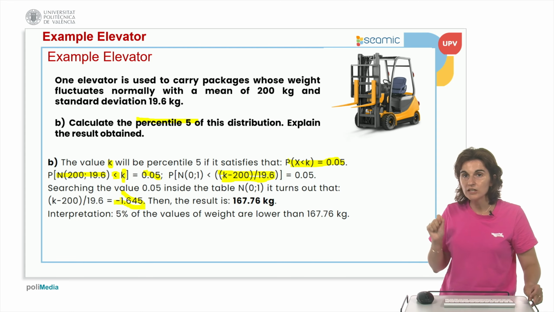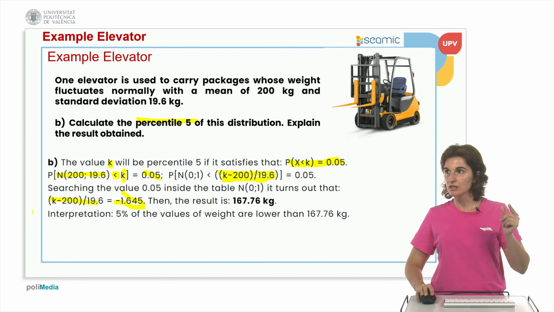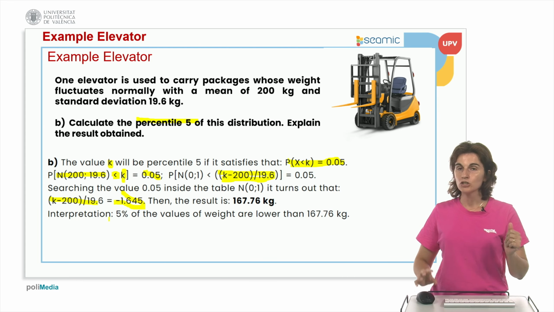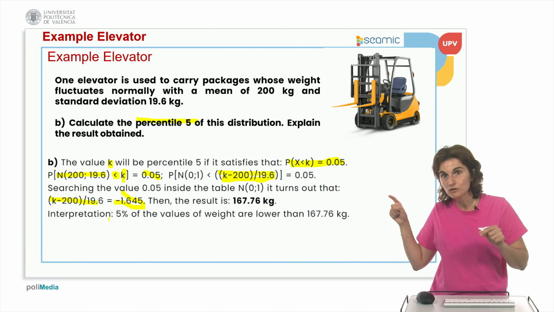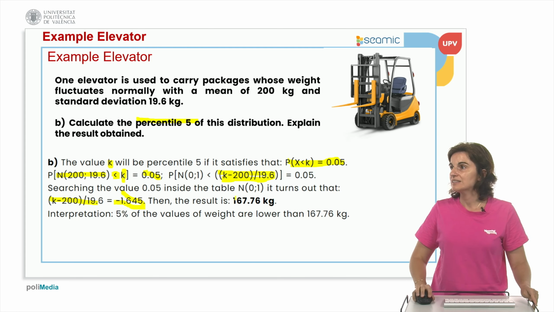So the equation that's more important for us is this conversion of the z-score. k minus mean 200, divided by standard deviation, should be negative 1.645. And then the result will give me 167.76.